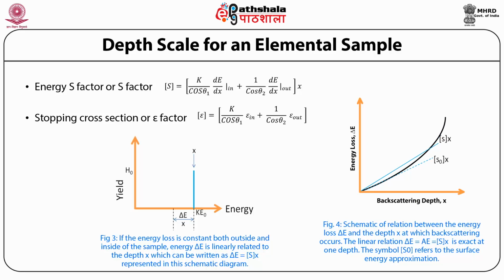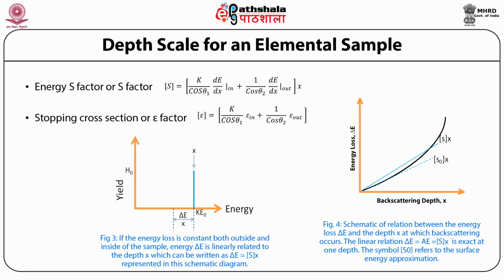In terms of the stopping cross section, or epsilon factor, this can also be written as epsilon = K/(cos θ1 epsilon inward path) + 1/(cos θ2 epsilon outward path).